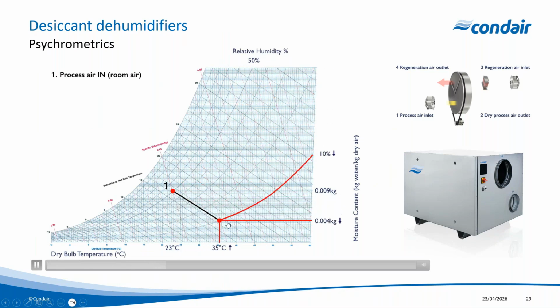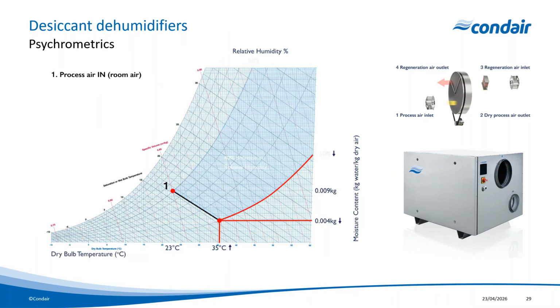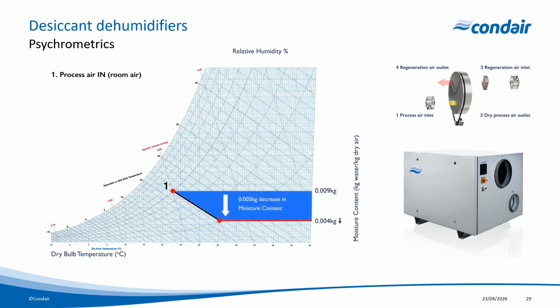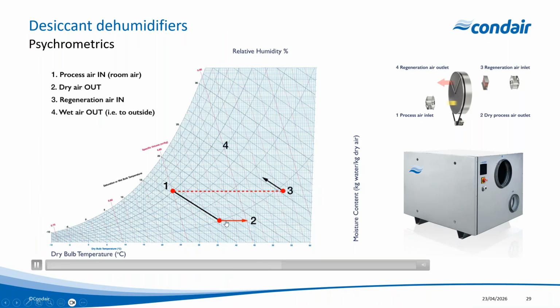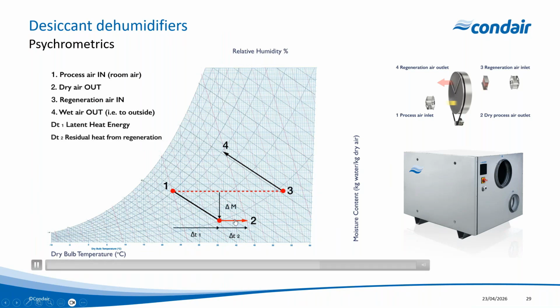So we're increasing dry bulb temperature, decreasing relative humidity, and decreasing our absolute moisture content. And typically you will get 5 grams out of a system. But you will also get a residual amount of heat as the rotor travels from the regeneration air back into the supply air. So we need to consider that.